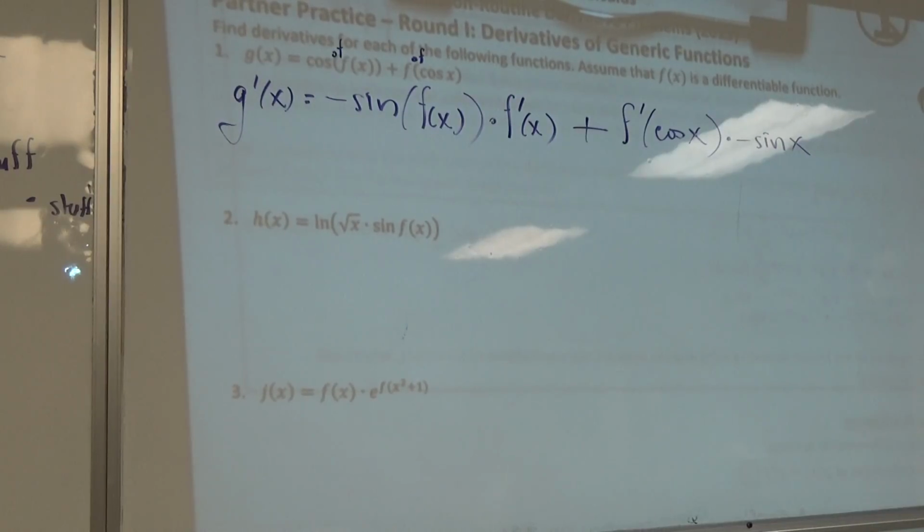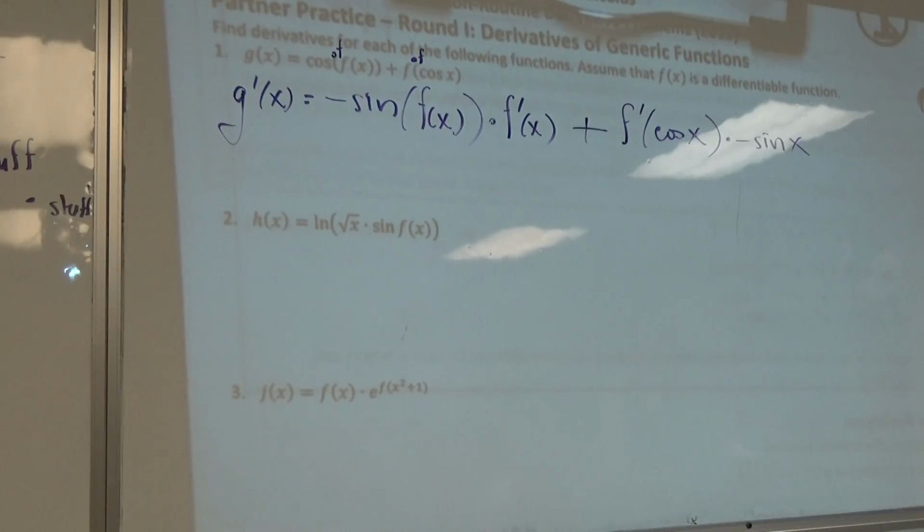Right, sometimes I'm going to write the dot, other times you need to write the dot. No, because it's x squared. Yes, I'm combining like chain rule and product.